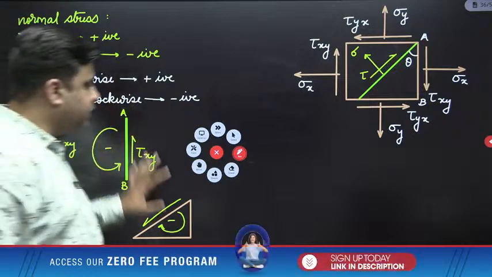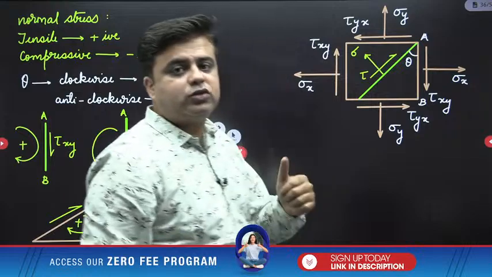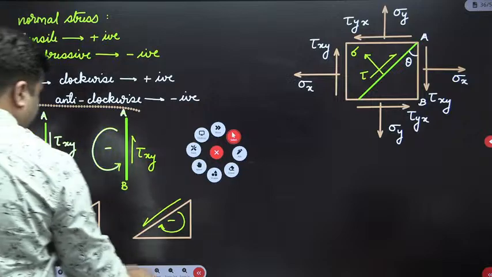So using this sign convention, I can write down the value of normal stress and shear stress over this oblique plane.